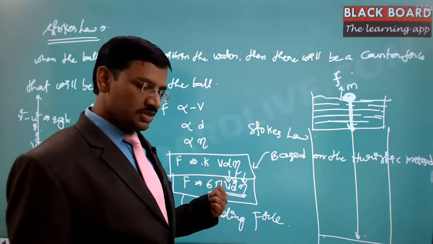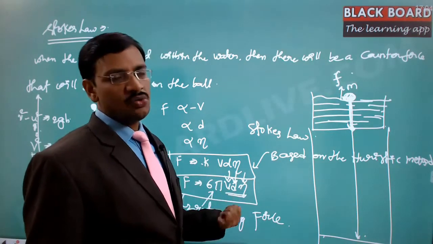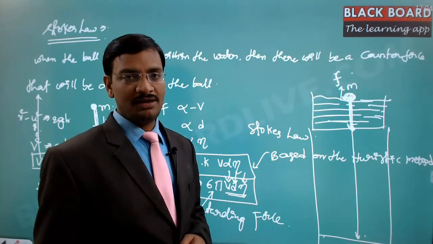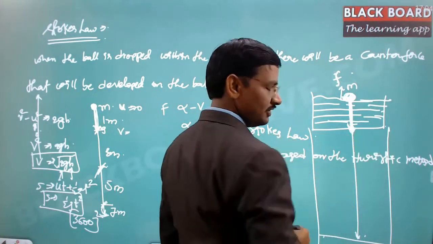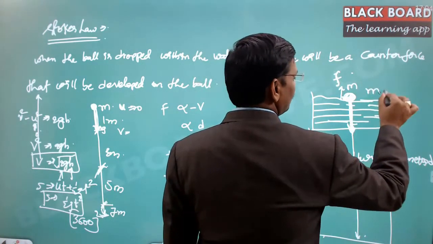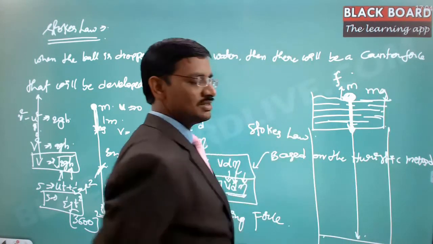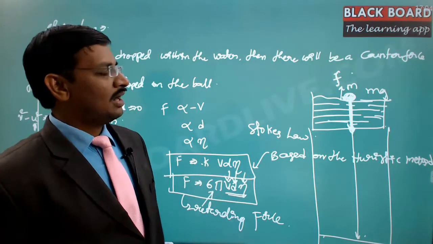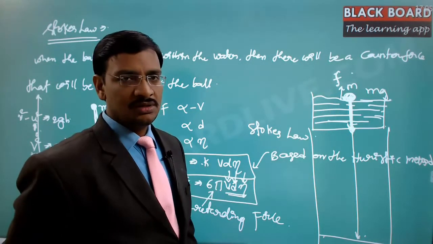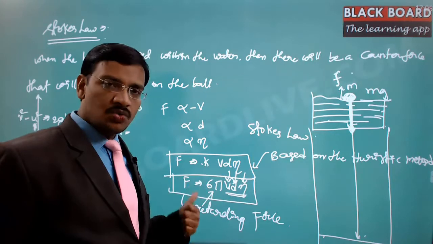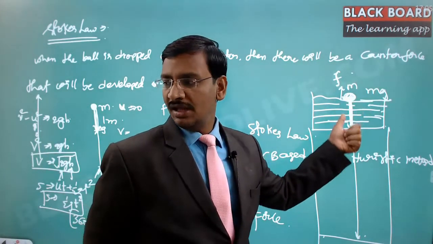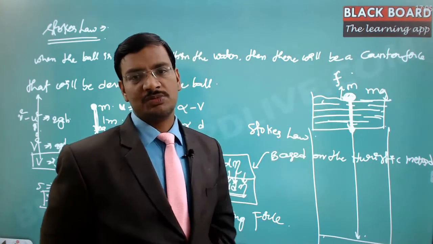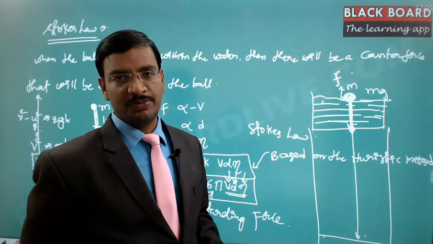Due to this particular reason, as the counter force is developed, it is expected that the downward force of this body is only m into g, which is nothing but the weight of the body. And this downward force experiences a counter force in the opposite direction due to the relative velocity between the layers of this ball and the atmosphere. The atmosphere is air in this particular case.